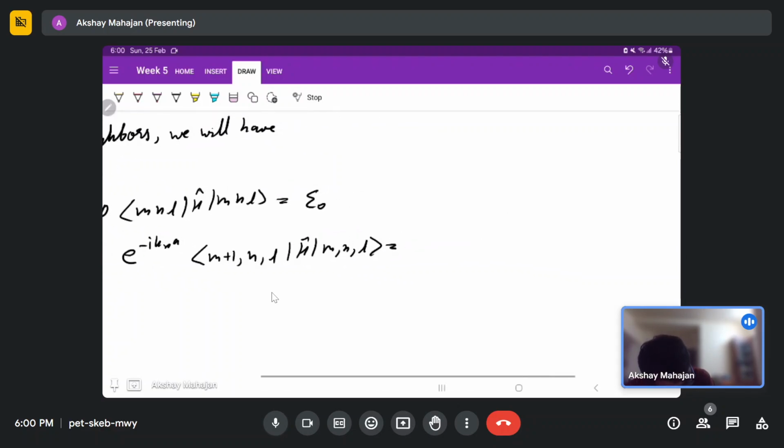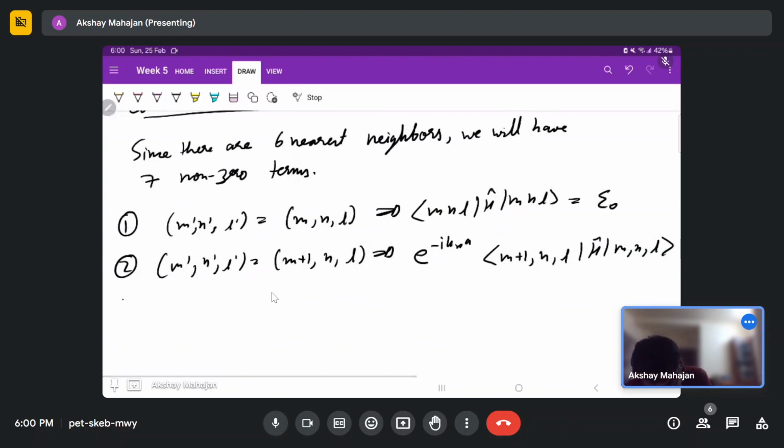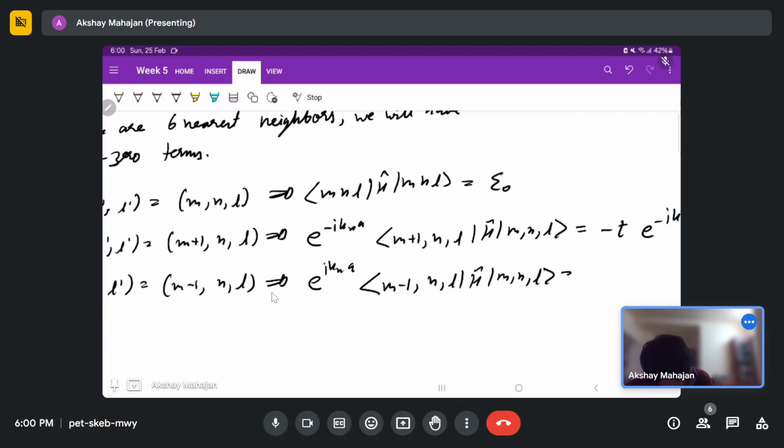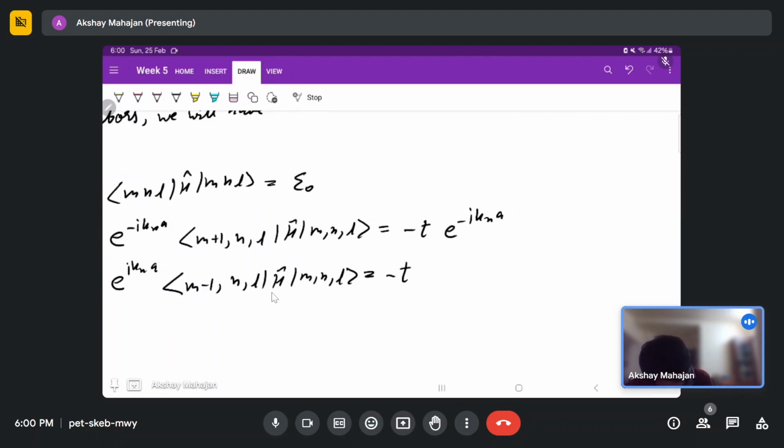This will be minus t times e to the power minus iota kx of a. Third will be m prime, n prime and l prime equal to m minus 1, n, l. So it will be e to the power iota kx of a, m minus 1, n, l, H cap, m, n, l. We will get minus t times e to the power iota kx of a.